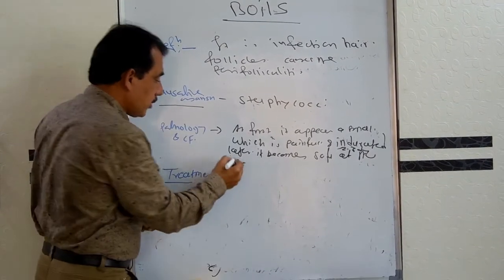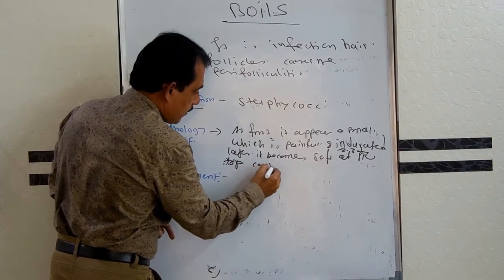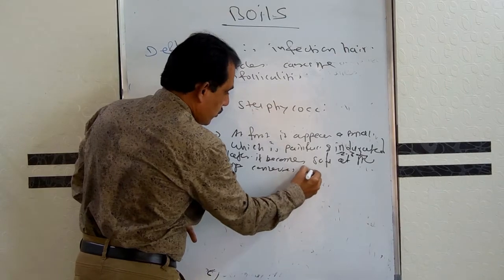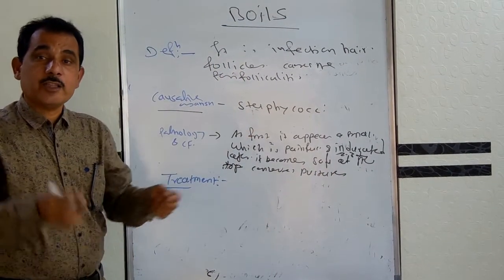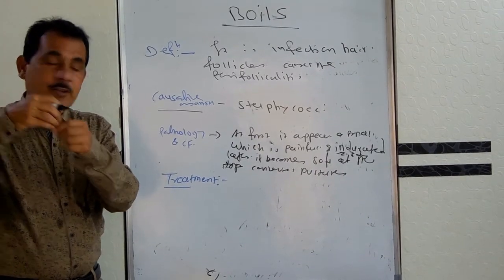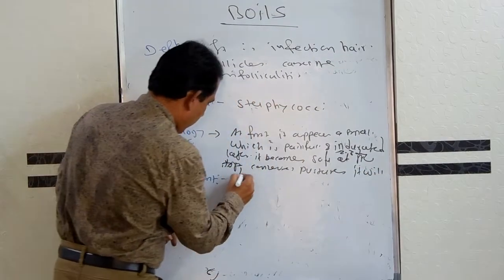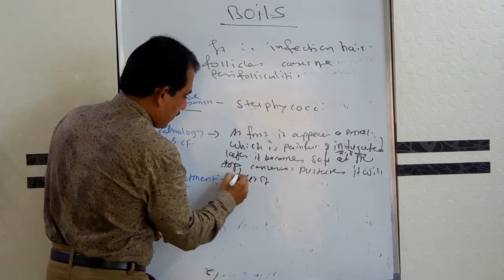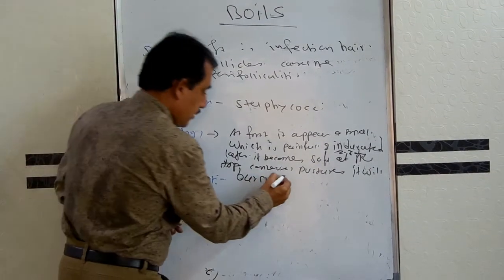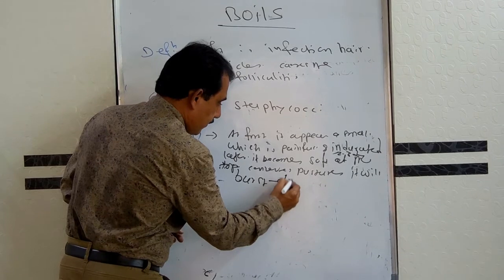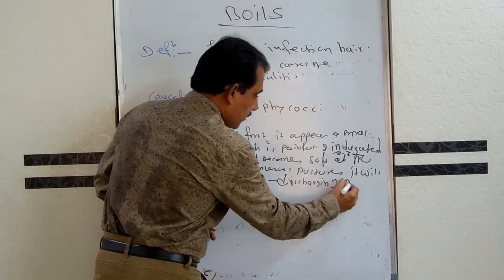Then it converts into pustules, and these pustules containing pus will burst, and there is a discharge of the pus.